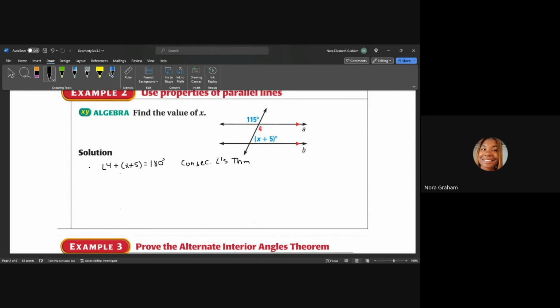And then our next step is we know that angle 4, let's note down every single step, is equal to 115 degrees, and this is by the vertical angles theorem.